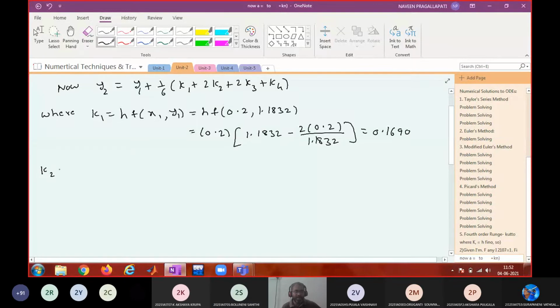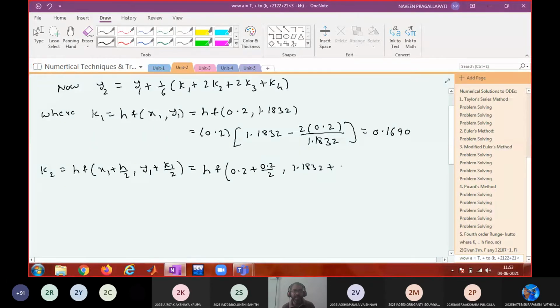So k2 is equal to h into f of x1 plus h by 2, y1 plus k1 by 2. So this is h into f of x1, 0.2, plus h, 0.2 by 2, and y1, 1.1832, plus k1, 0.1690, divided by 2.